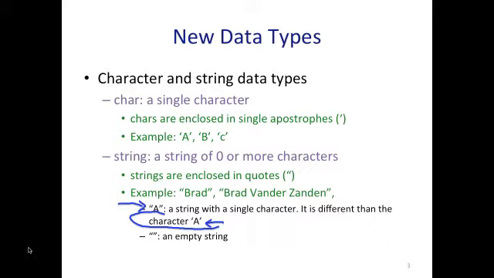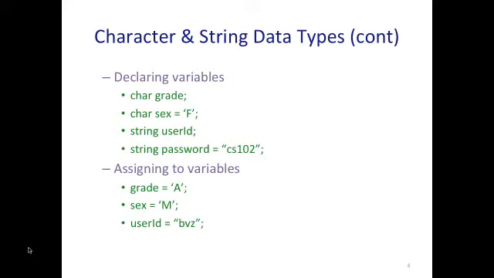And finally, I did say a string is 0 or more characters. We are allowed to have what's called an empty string, which is absolutely nothing between the double quotes. So here you see some sample declarations of char and string variables.